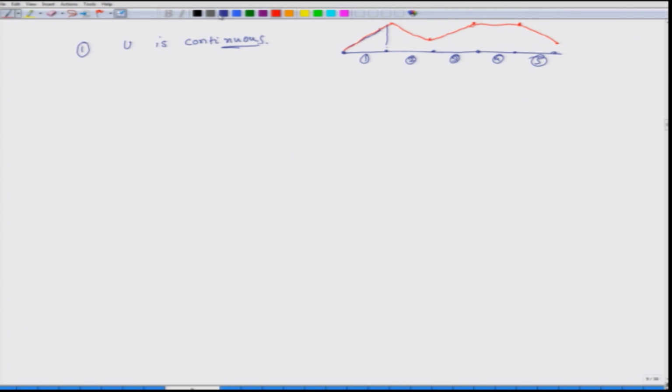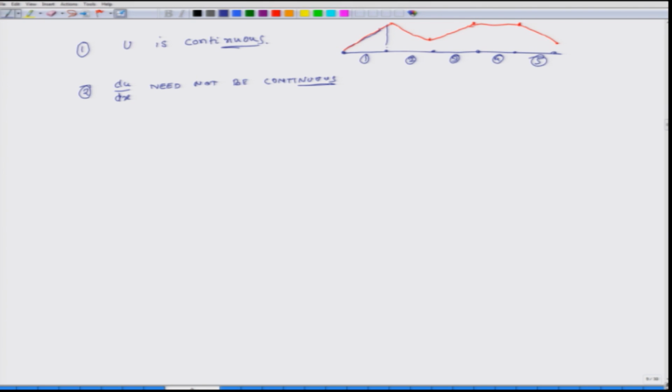Second thing, du over dx need not be continuous.